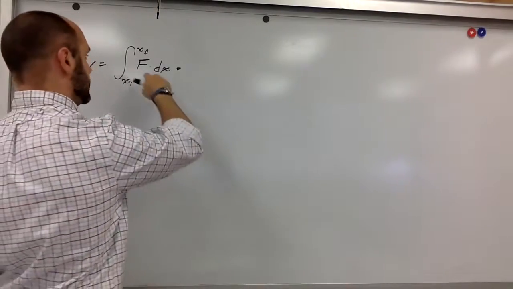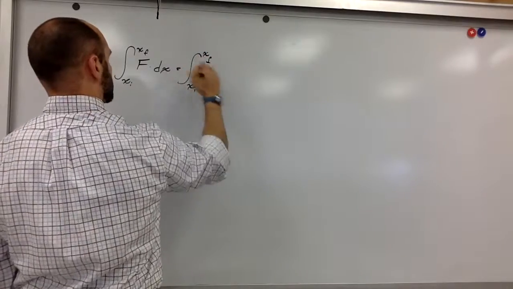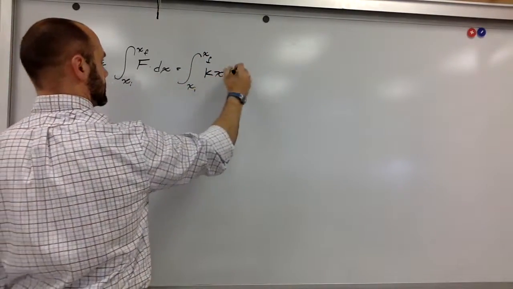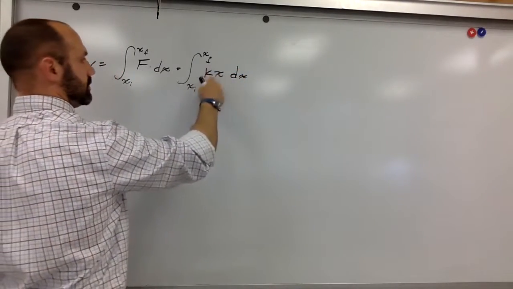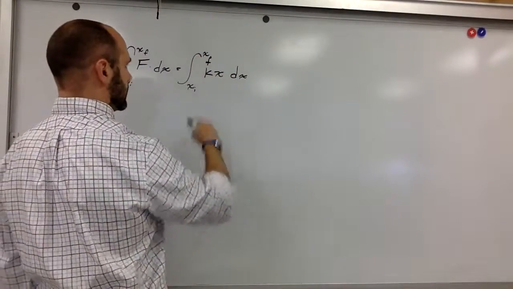I'm going to substitute in here kx. So this is kx, because this is now this function. It's in terms of x, dx. So this means I'm looking for the antiderivative of this with respect to x, and then plugging in these limits.